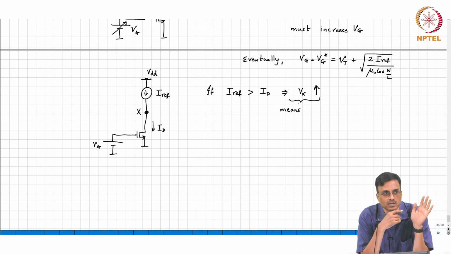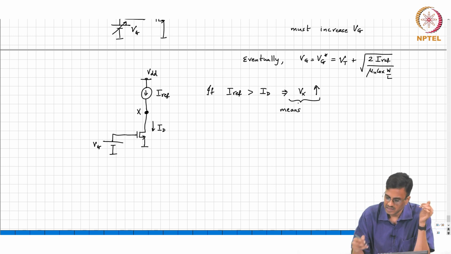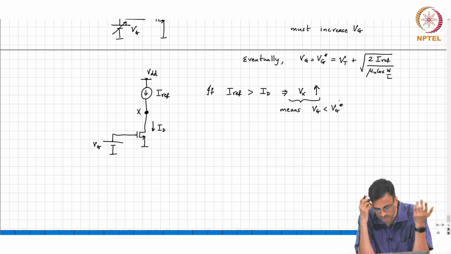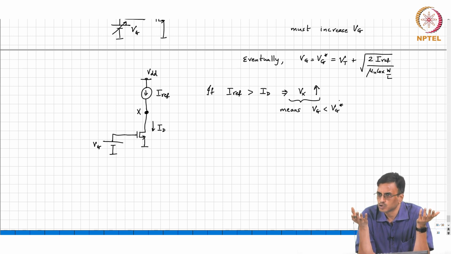Don't jump steps. It means that Vg is less than Vg star. Basically, if Vx is going up, it means that ID is much too small, which in turn means that the Vg that we have applied is not enough, right?